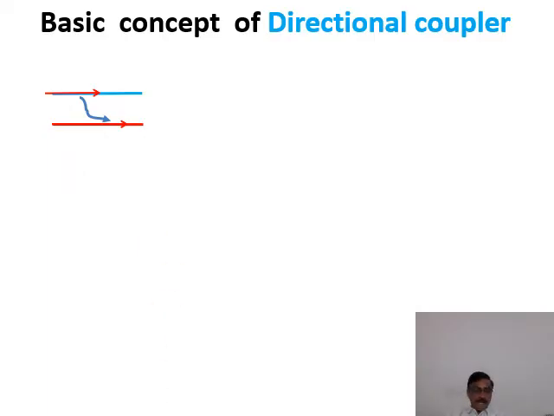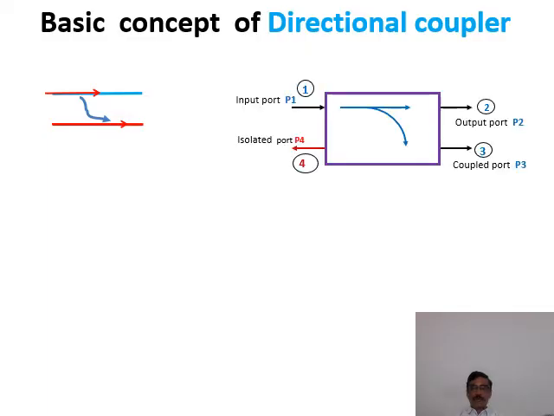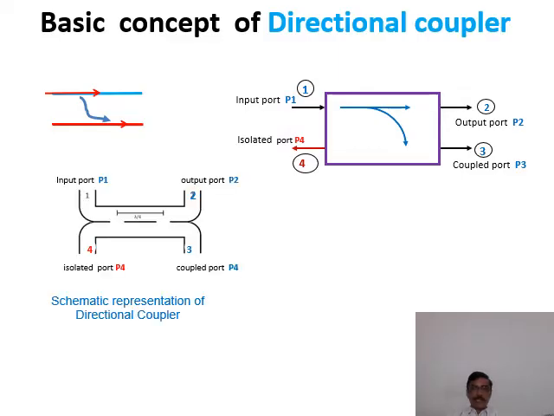This can be practically conceived as a 4-port device known as a 4-port directional coupler. And it can be shown schematically like this, which has 4 ports, because all the directional couplers are mostly constructed from 2 coupled transmission line sets or waveguide line sets or microstrips or strip lines.